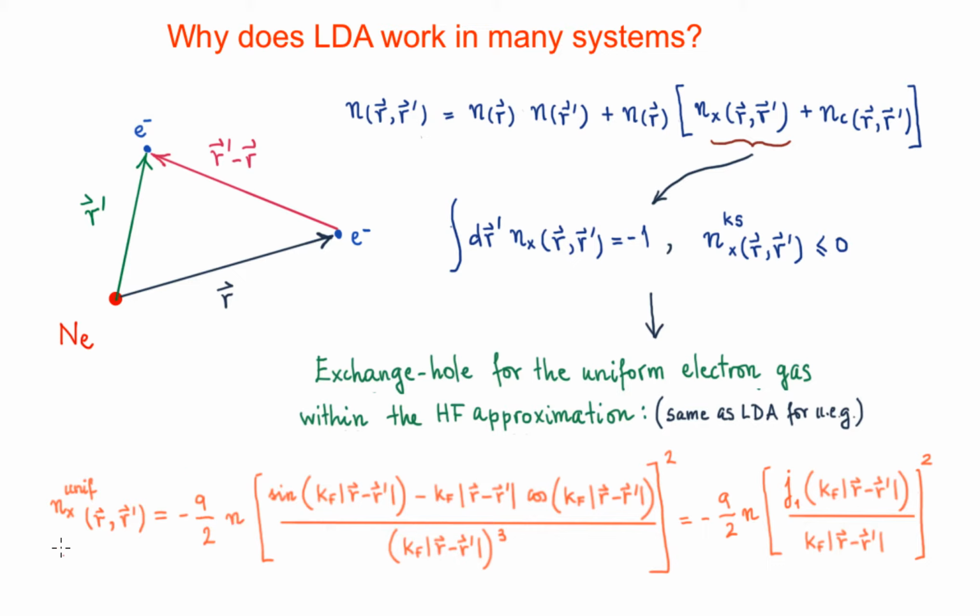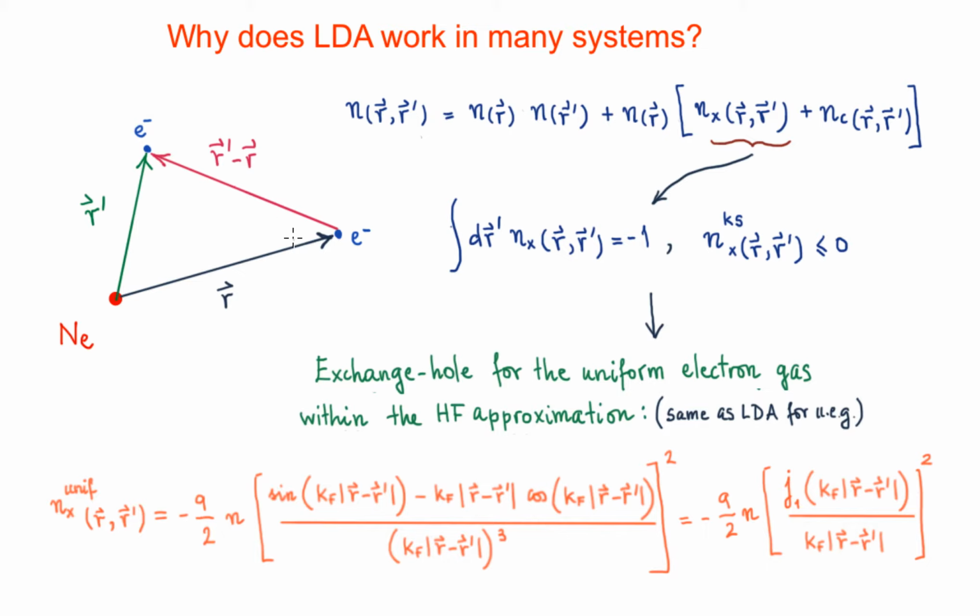So let's analyze very briefly the characteristics of the exchange hole of the uniform electron gas. As I've said before, it depends on two position vectors, r and r prime. As you can see here, that dependence is just on the modulus of r minus r prime, the distance between the two electrons.